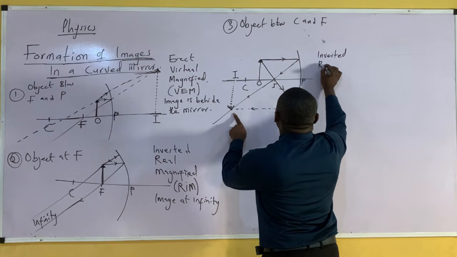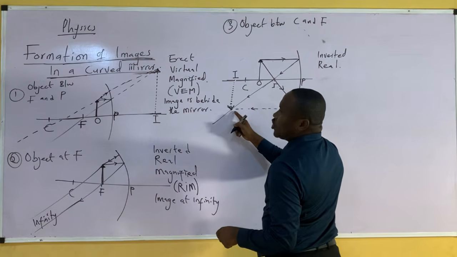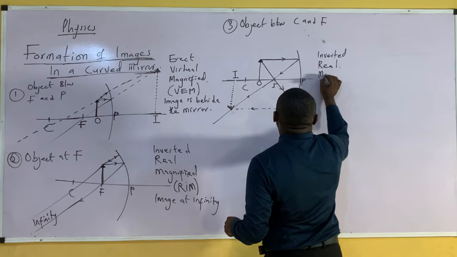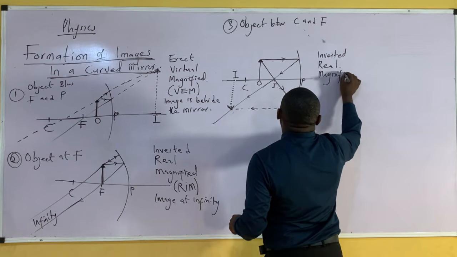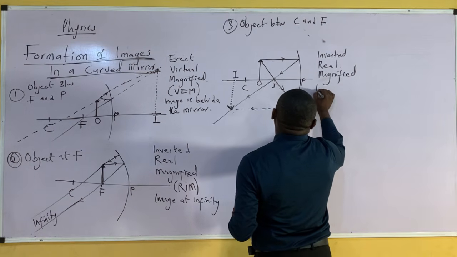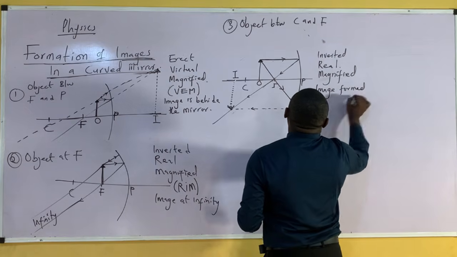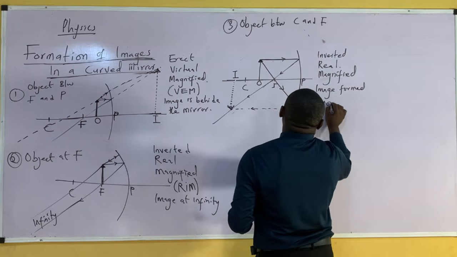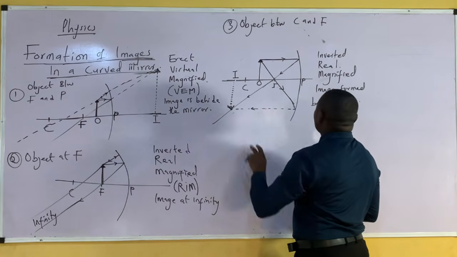It is real and it is bigger than the object, so it is magnified. The image is formed beyond C.